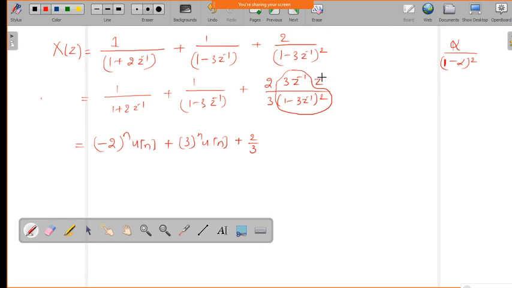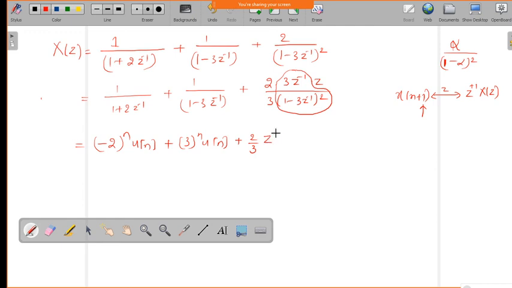Now this is by using the time shift property, because if you have x of n plus 1, what will you write as the z transform? You will write z power plus 1 into x of z, right? So now we can use that time shift property and write 2 by 3 z into the form of n into x of n.